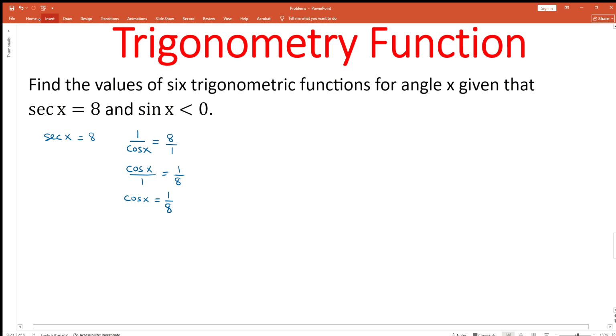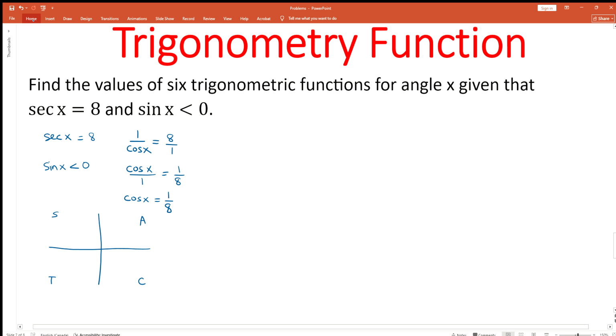We are also given that sin x is less than 0. We can use this information to identify the quadrant in which angle x lies. We should use cast rule or ASTC rule. As per the information in the problem, sine of angle x is less than 0.